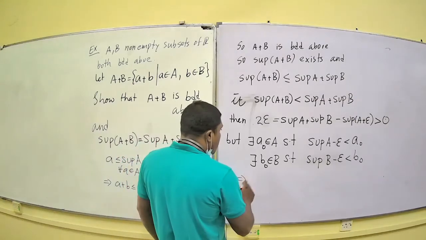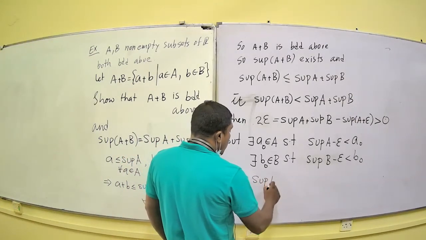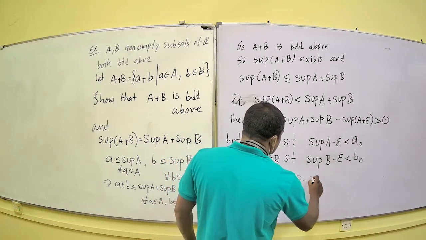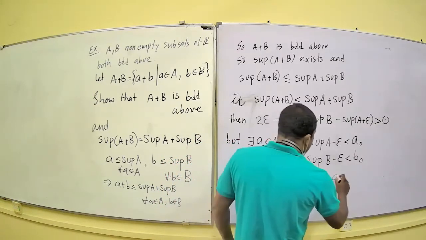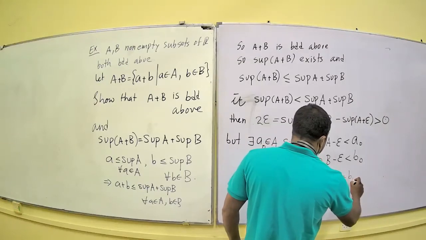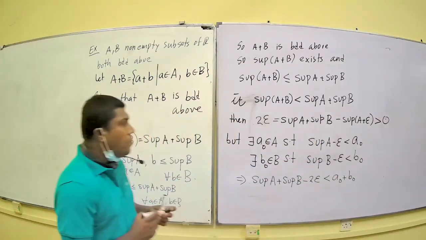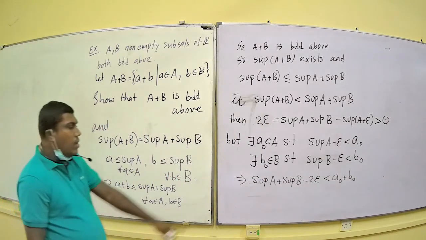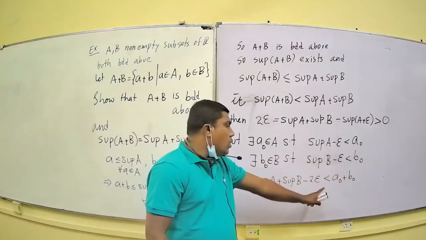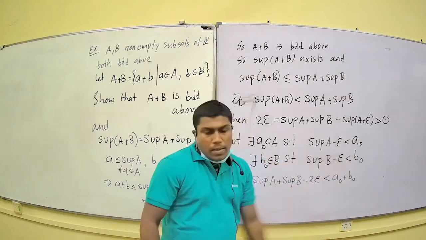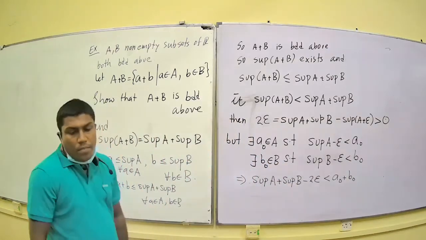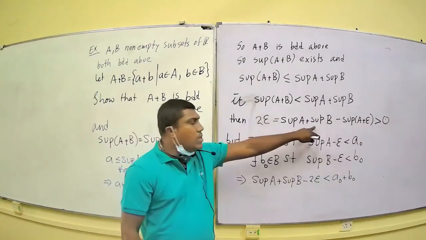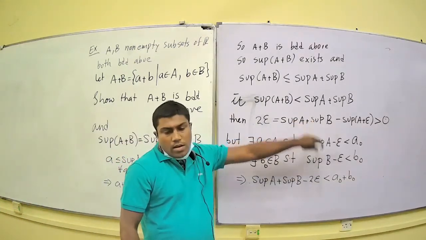So if you add both of them, you get sup A plus sup B minus 2 epsilon is less than a naught plus b naught, right? But you have 2 epsilon equal to what we defined.